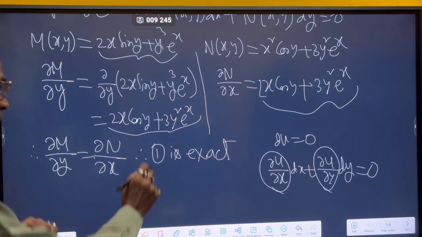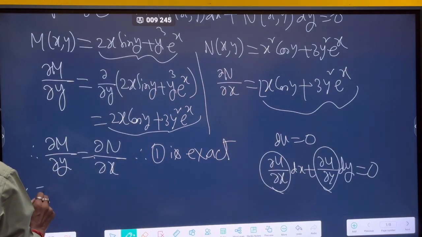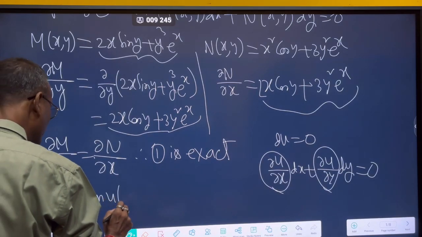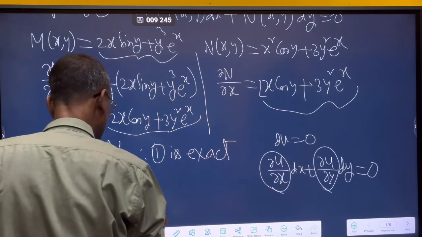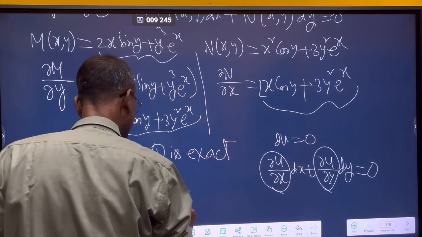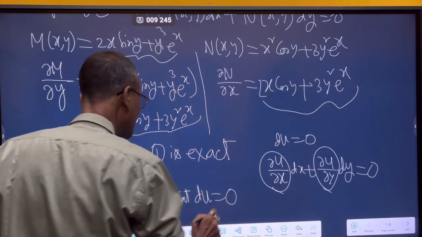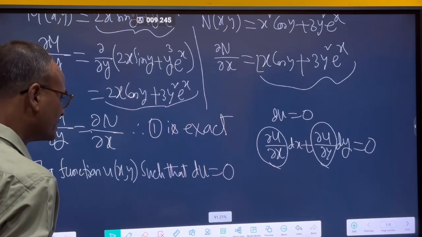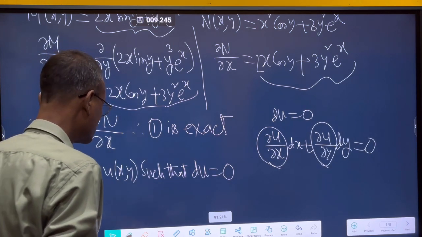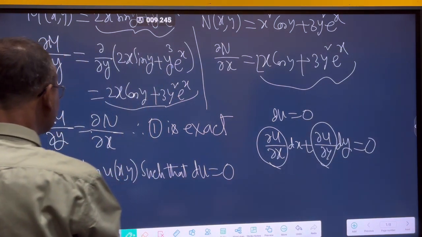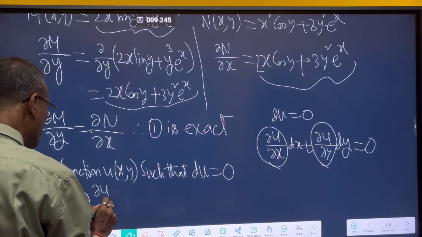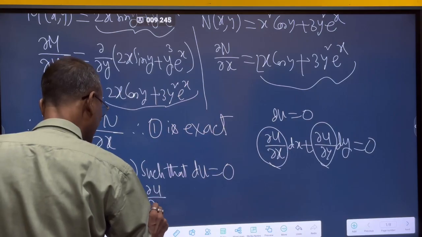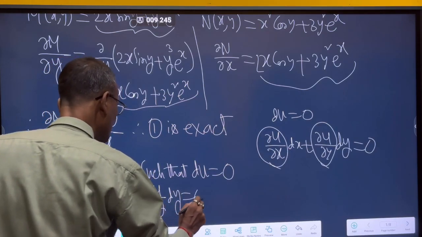Therefore, 1 is exact, and there exists a function u of x, y such that du equal to 0. This means del u by del x dx plus del u by del y dy equal to 0.